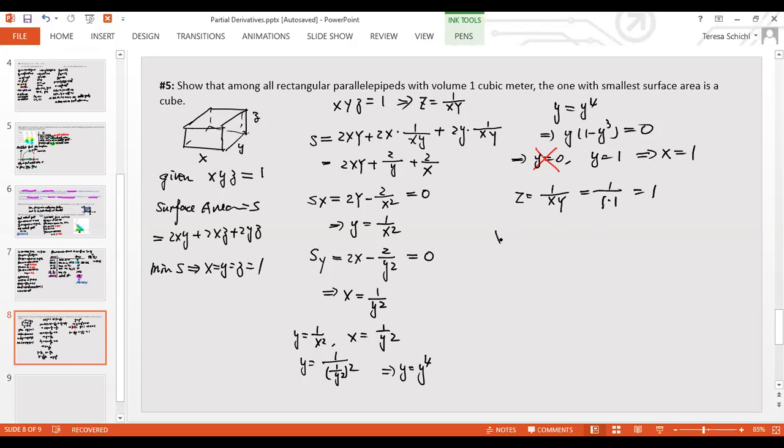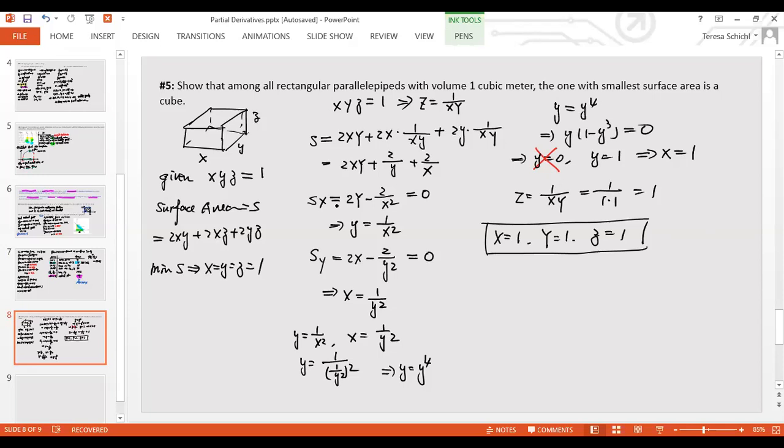So that's how we prove x equals 1, y equals 1, and z equals 1. So the sides of this box have to be 1 in order to get the minimum value here. All right, and so that's it for this section.